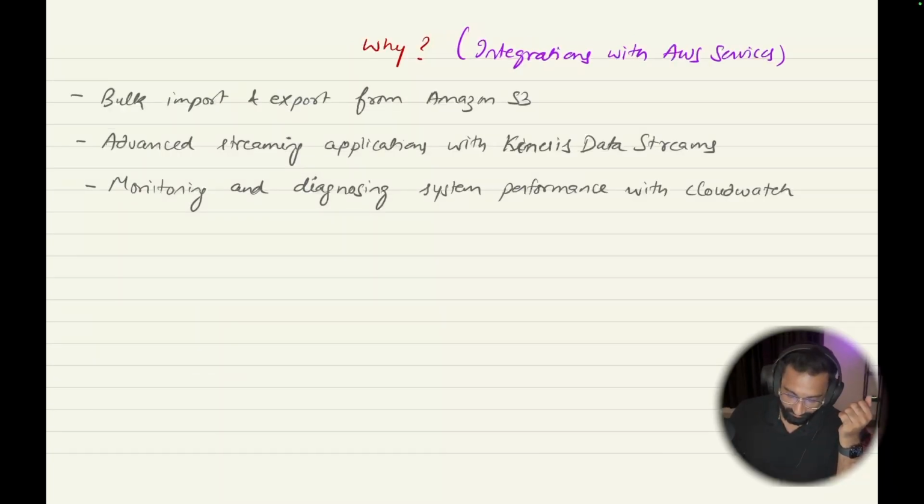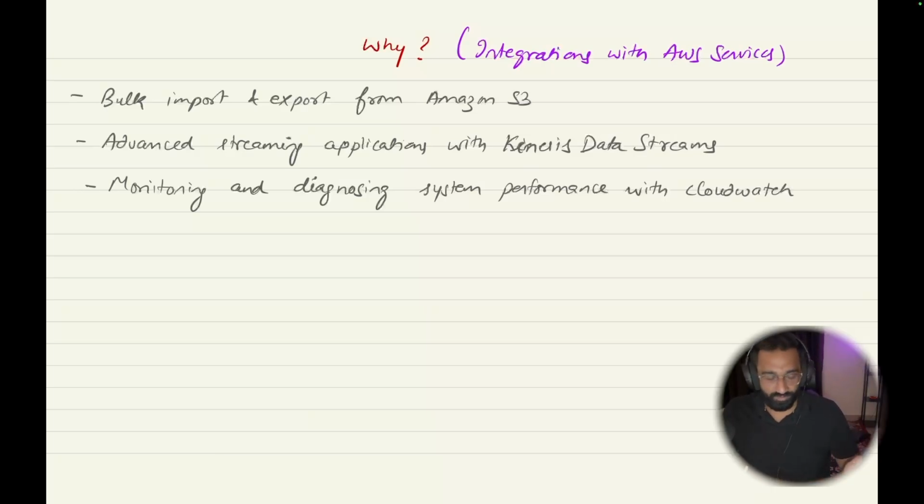Coming to another set of reasons: integrations with AWS services. Since it is an AWS service, from DynamoDB you can connect to multiple services internally with very little configuration, or just setting the permissions right for your IAM user or your roles. You can also import or export the data in your tables from Amazon S3.